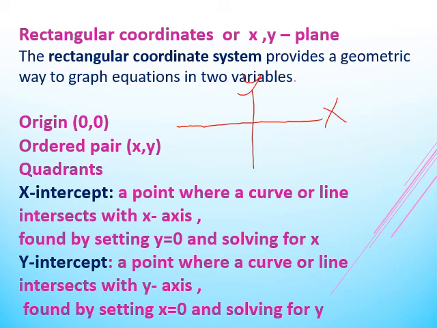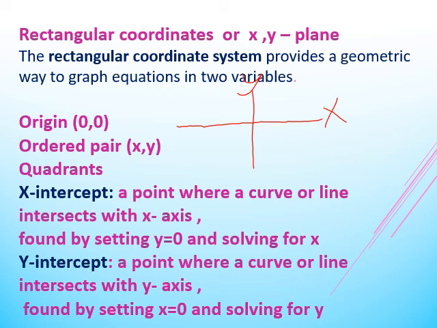So we have a horizontal axis and a vertical axis in a rectangular coordinate system. This provides a geometric way to graph equations in two variables.